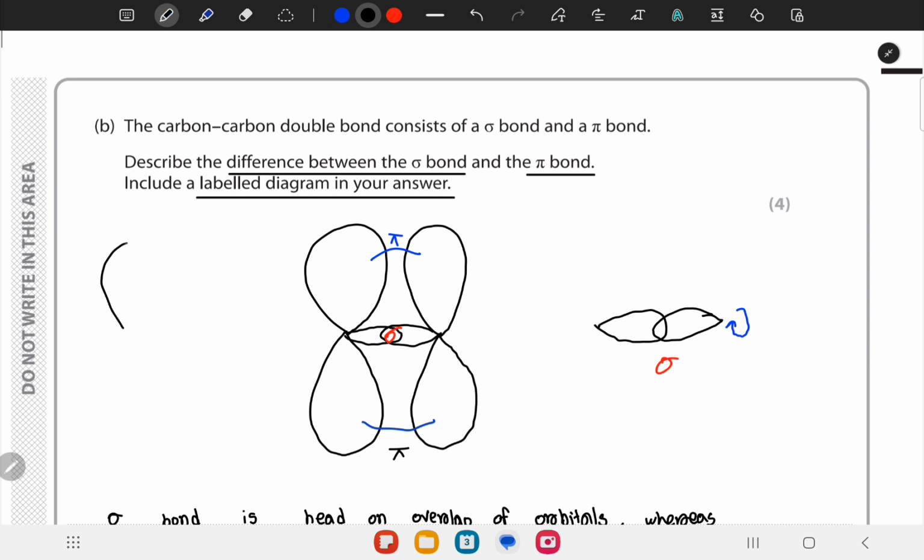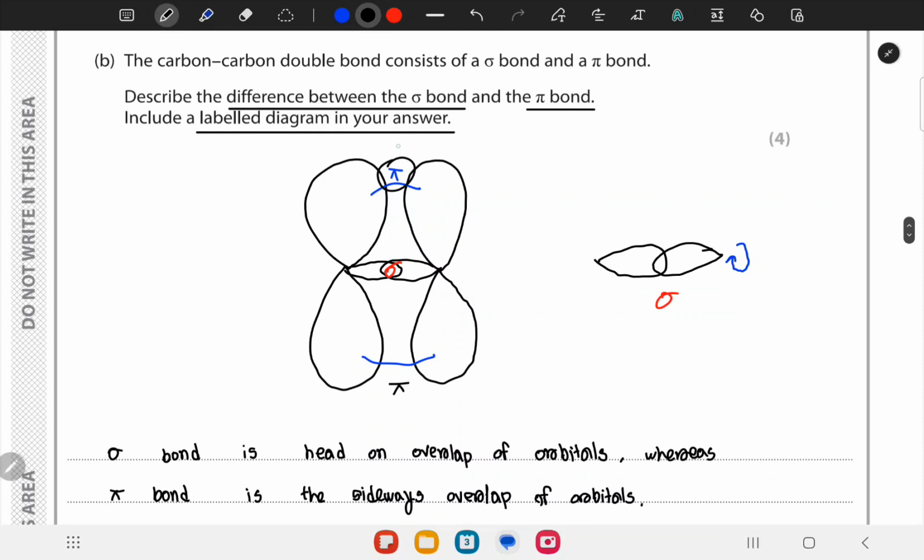However, if there is a pi bond, so if they're overlapping like this, I cannot move this around like this or like this, because there would be a change in the orbital overlap.